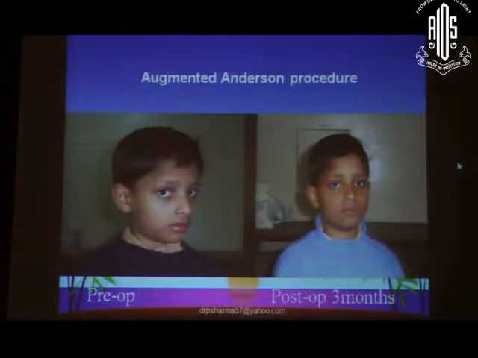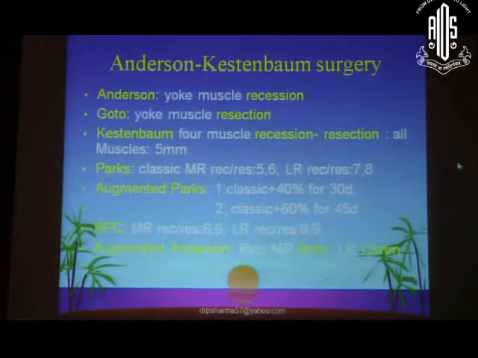After the surgery, an augmented Anderson procedure, you will get a shifting of the null to the primary position, and that corrects the head posture. The various procedures which have been described in the literature: Anderson had described the yoke muscle recessions, as we said. Kestenbaum described the 4 muscle procedure, doing all the 4 horizontal recti by 5 mm, and then Parks came up with the classic approach of 5, 6, 7, 8.